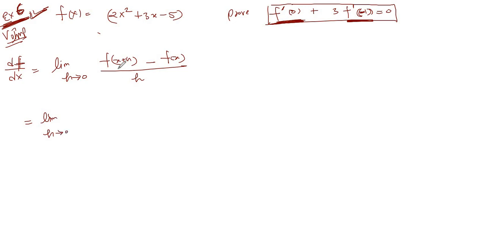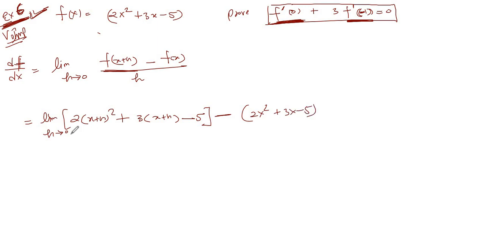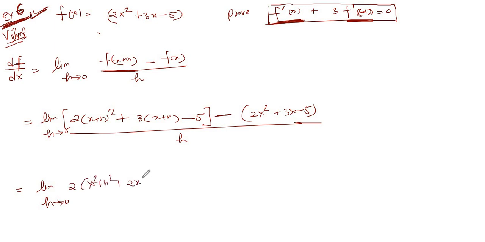Limit h tending to 0 of f(x+h). So x plus h means the entire function with x plus h: 2(x+h) squared plus 3(x+h) minus 5, minus f(x), which is 2x squared plus 3x minus 5, by h. Let's simplify it quickly: 2 times (x squared plus h squared plus 2hx) plus 3x plus 3h minus 5.